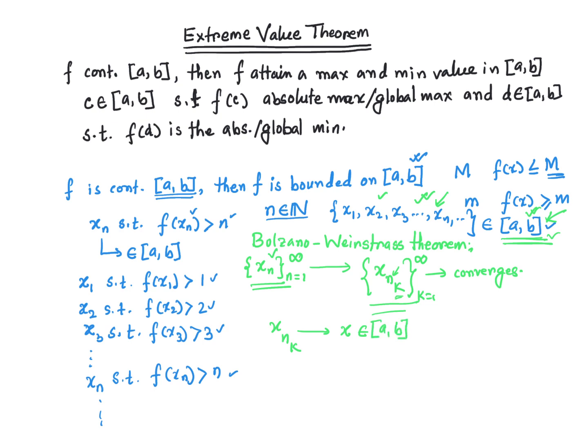Now, if x sub n sub k converges to x, then f of x sub n sub k must converge to f of x, because we are dealing with a continuous function in this closed interval.